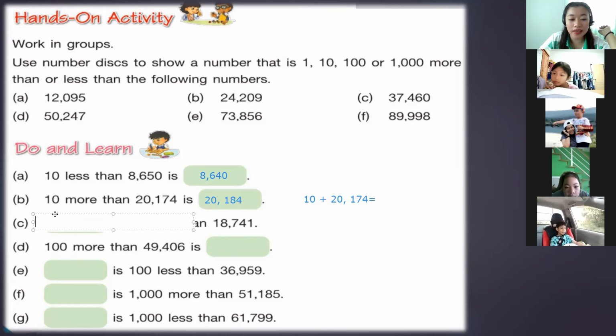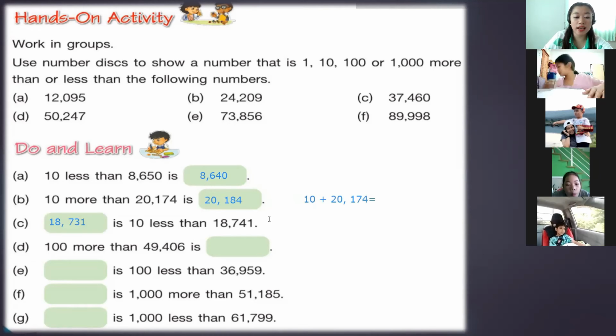The number that is 10 less than 18,741 is 18,731. Okay, so the answer is 18,731 is 10 less than 18,741.